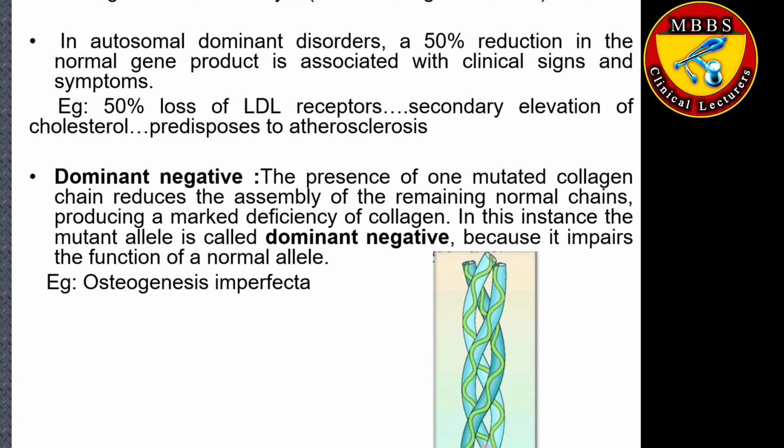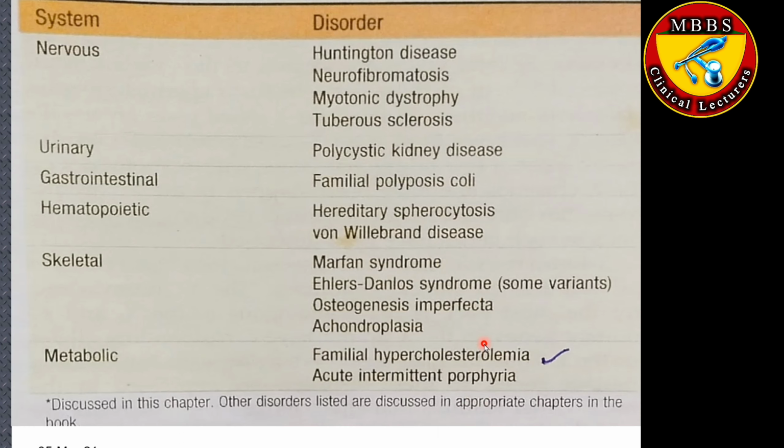This is called dominant negative because it impairs the function of the normal allele. An example is osteogenesis imperfecta, which is an example of dominant negative.